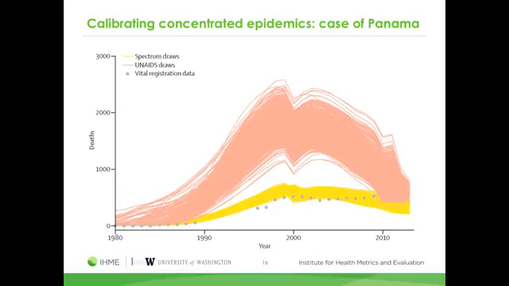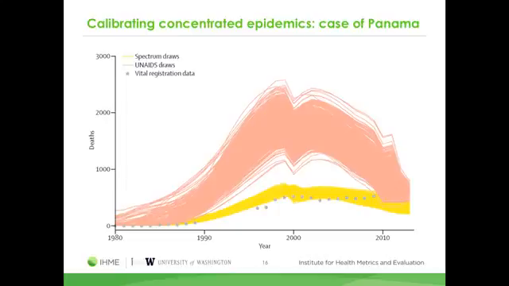Okay, so here's an example of what we've done in changing the concentrated epidemic. The orange lines here are the epidemic curves of estimated death numbers for Panama based on the original UNAIDS assumptions of the fraction of the Panamanian population in different high-risk groups: intravenous drug users, men who have sex with men, and female sex workers.